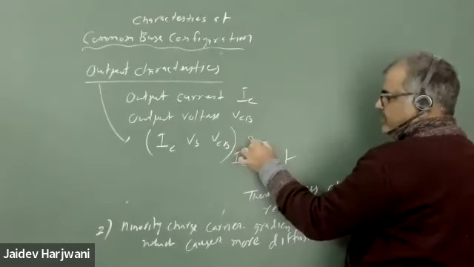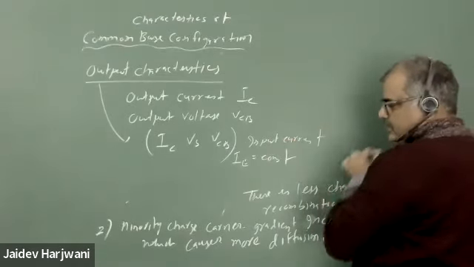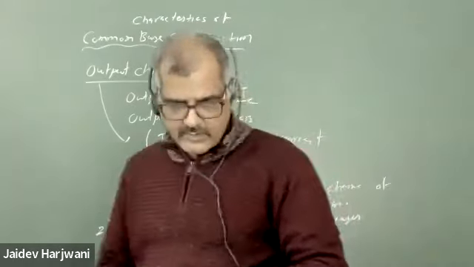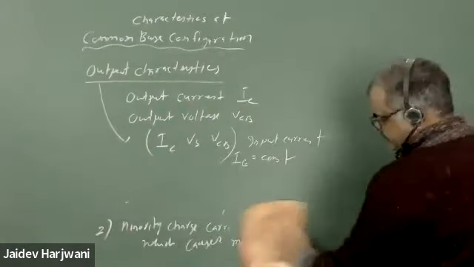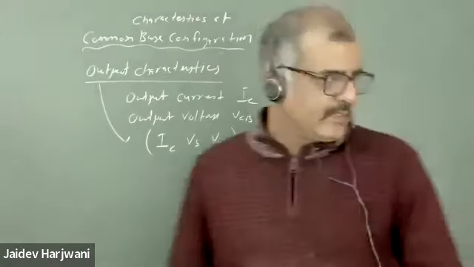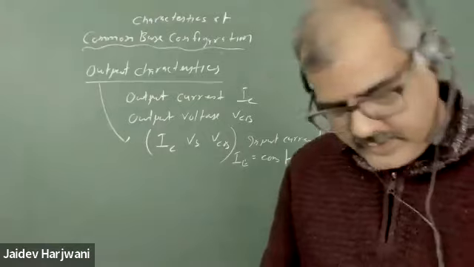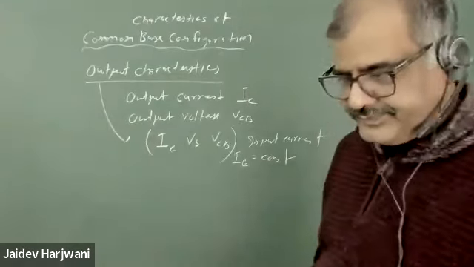So I'm writing the input current. This characteristic is called your output characteristic. Now let me draw the output characteristics.